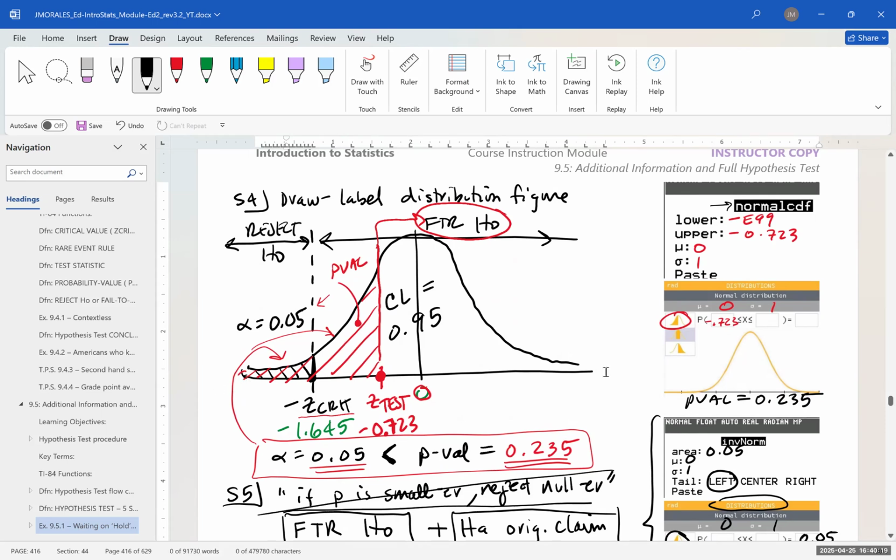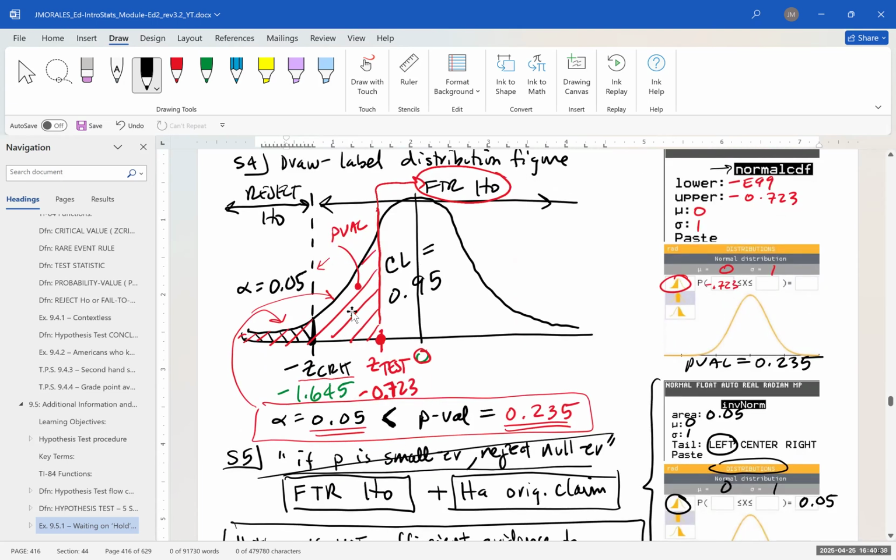But this is the primary reason why in chapter 6 and chapter 7, I kept reinforcing to keep sketching this curve, and get used to labeling it and labeling the area underneath. Because you need to be able to label these areas and this curve correctly in order to set you up to make this kind of conclusion.